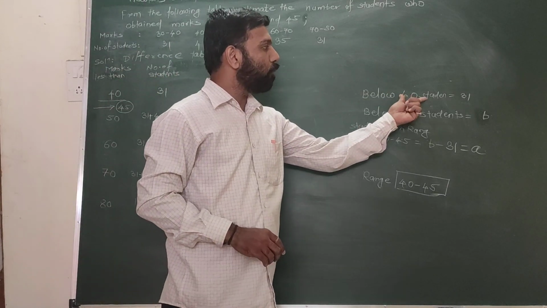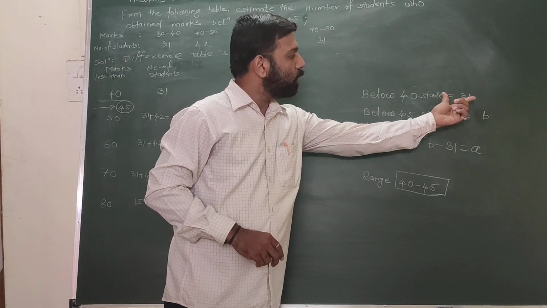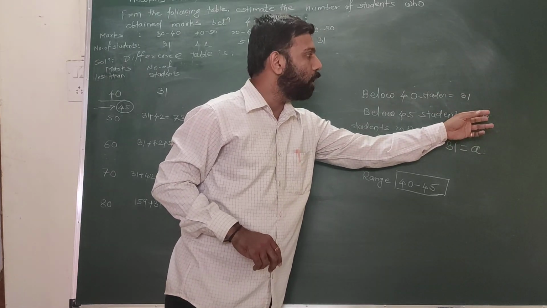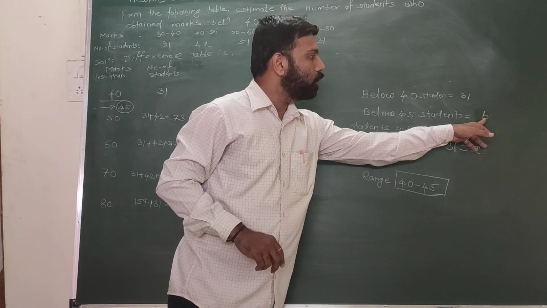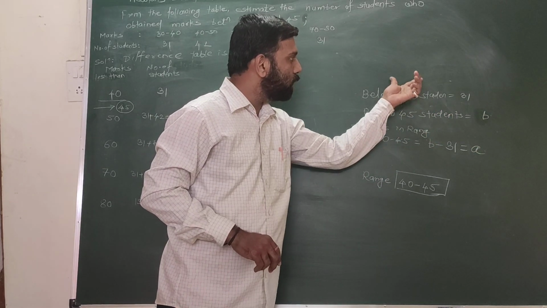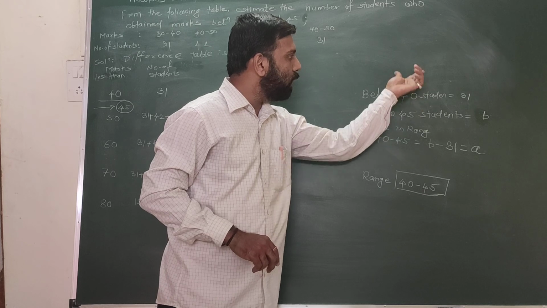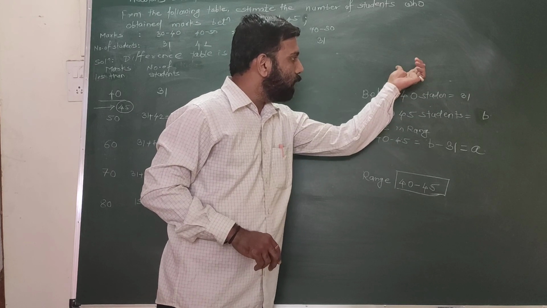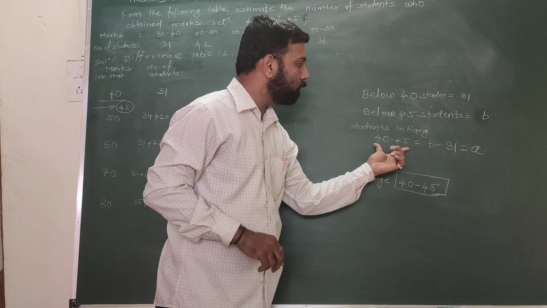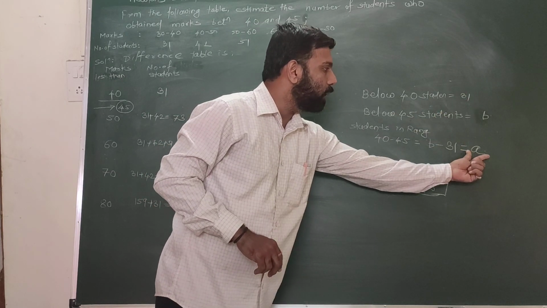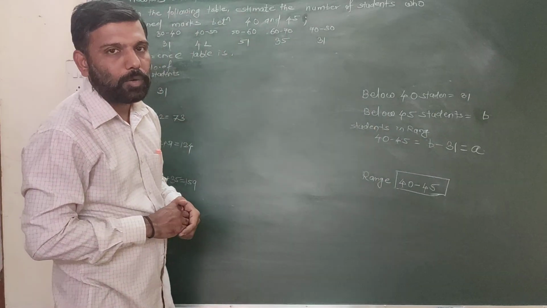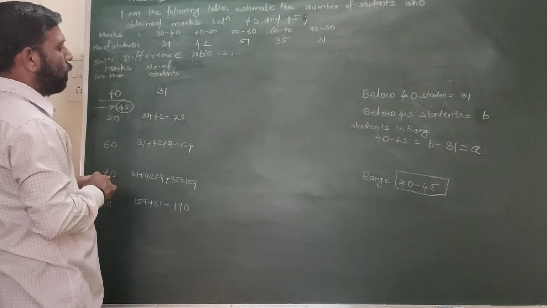See here, we have below 40, 31 students, and below 45, greater than 31, suppose that number is B. Now the range will come if we subtract the number of students below 40 from the number of students below 45. Then B minus 31 gives me the range 40 to 45. So this is our conclusion for this problem.